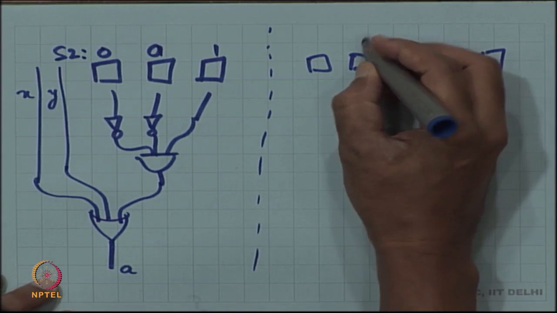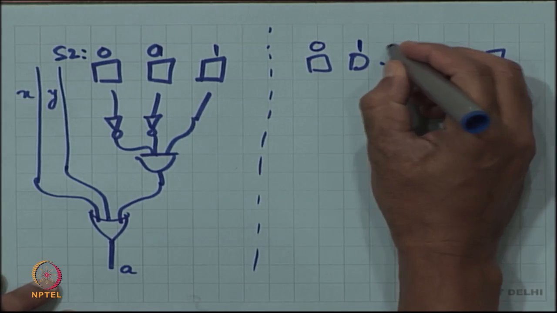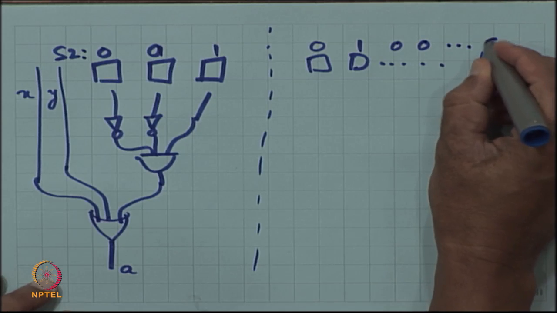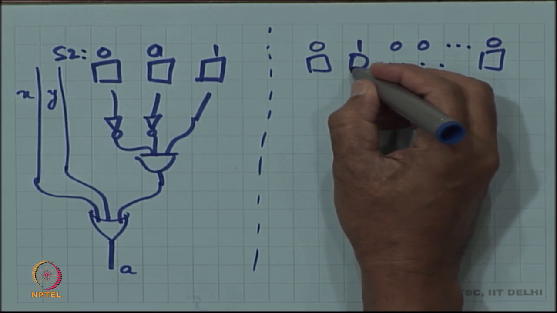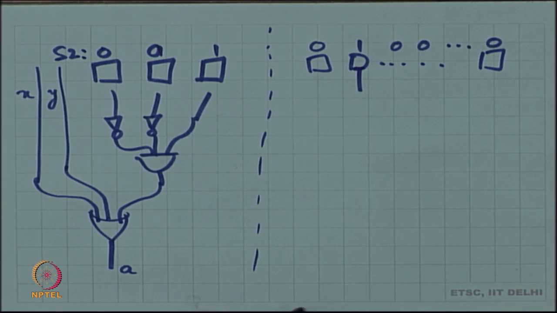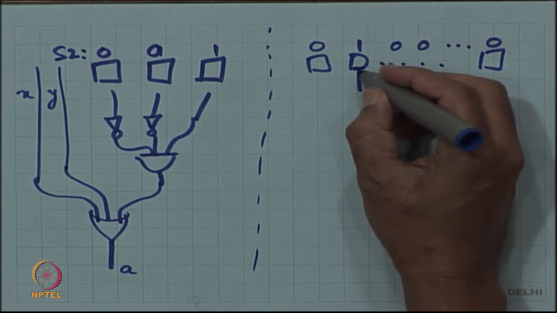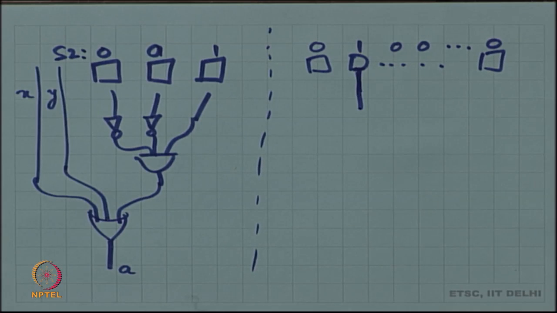And S2 corresponds to this, right, the 7 flip flops. If this is the Q output, if this Q output is 1, then I am in S2. In the 1 hot encoded version, that line tells me that I am in state S2. Okay.